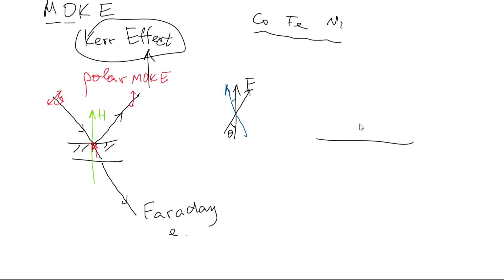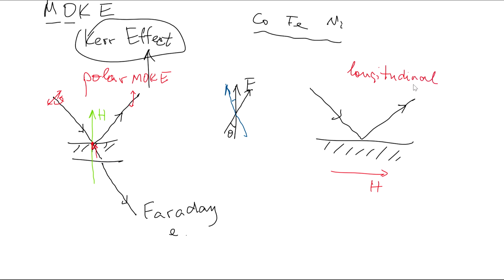Now if we reflect light the same way, off the surface, this is the magnetic surface, and if you apply the field in plane, then this is called longitudinal. Now, if we apply the field perpendicular to the plane of incidence, then this would be called a transverse geometry.